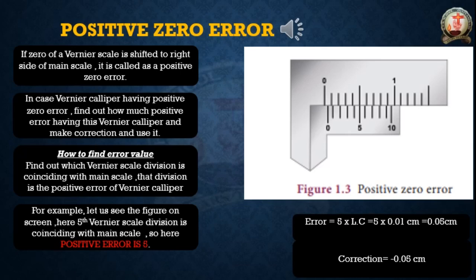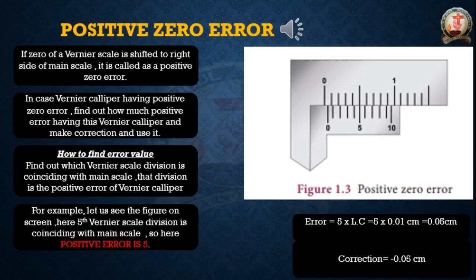Please all of you observe the vernier scale readings. The zero line is not coinciding. The first line after zero is not coinciding. Second line, not coinciding. Third line, not coinciding. Fourth line also does not coincide.